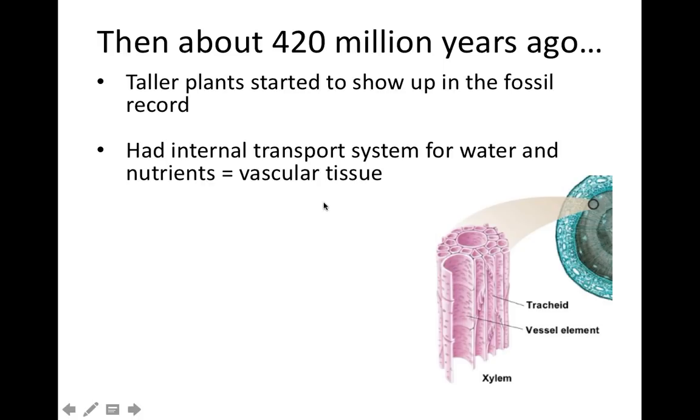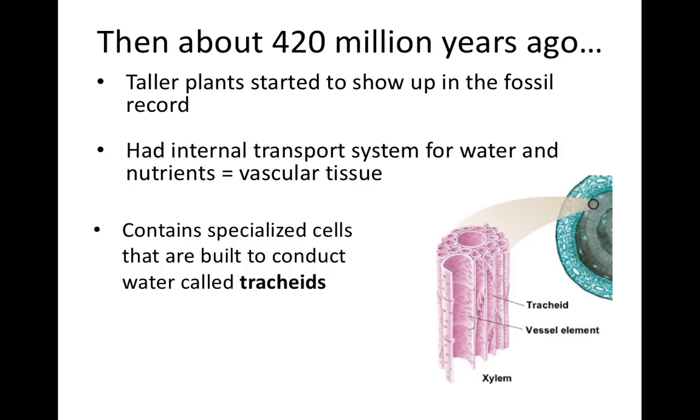Okay, so this internal system is what we call vascular tissue, and we have a separate unit that looks in more detail at exactly what vascular tissue is. But simply put, there are specialized cells in vascular tissue, and they are built to act like tubes. The earliest ones that we see are called tracheids, and it's a little hard to see, but you can see one tracheid here.